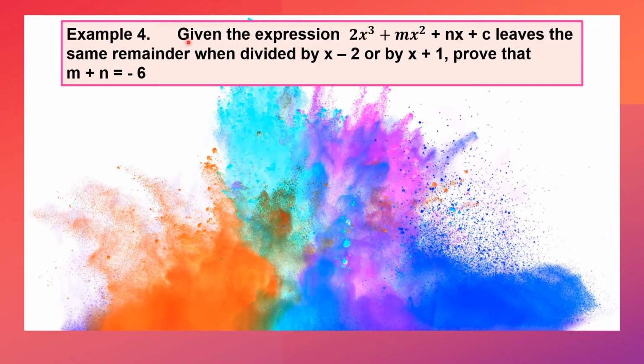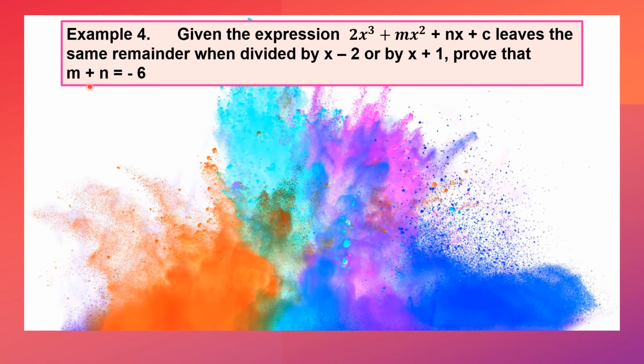Let's have the last example for the remainder theorem. Given the expression 2x cubed plus mx squared plus nx plus c leaves the same remainder when divided by x minus 2 or by x plus 1.